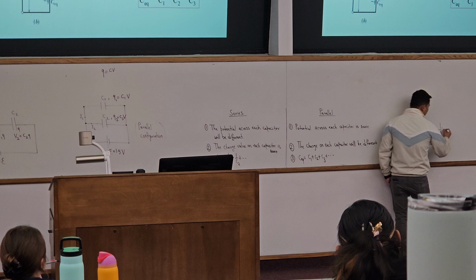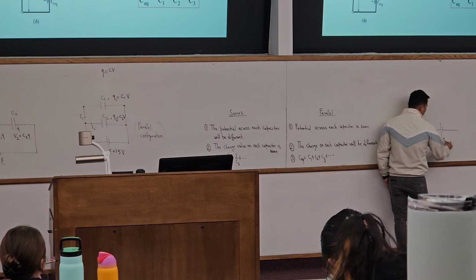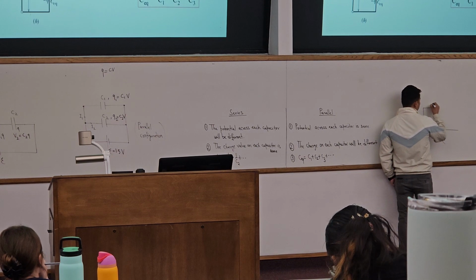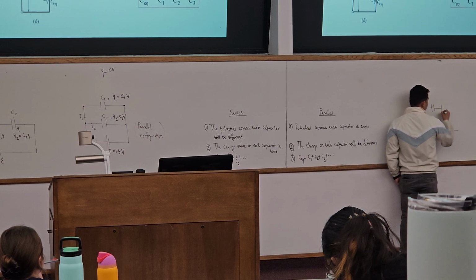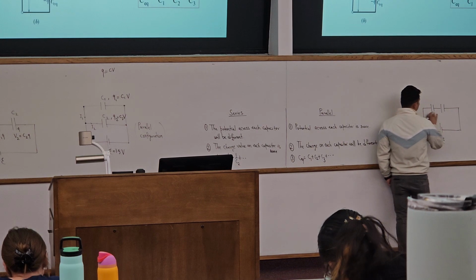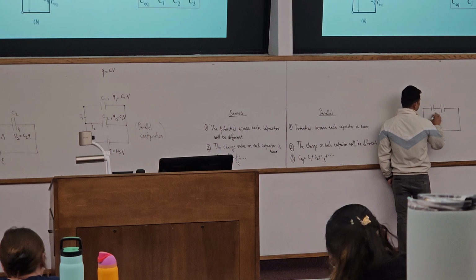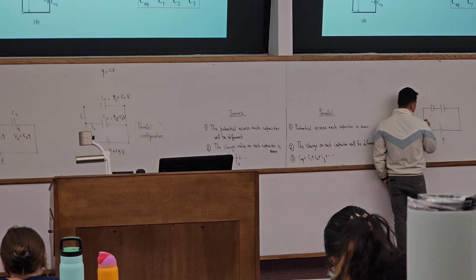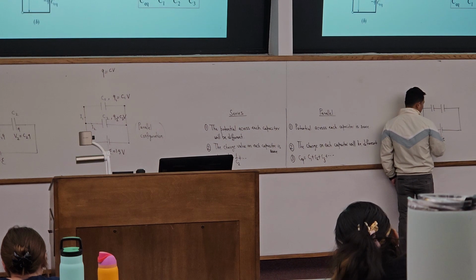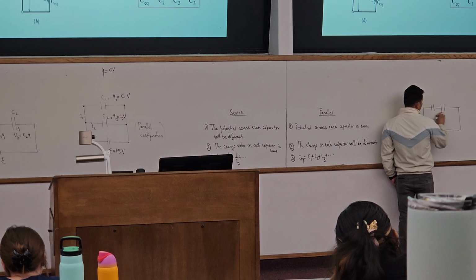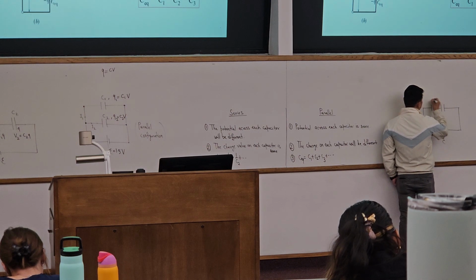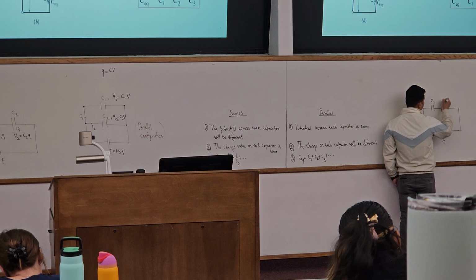You have a circuit, and you have two capacitors, C1 and C2, in series. The current I flows through this one, and we make sure that they are almost the same length.